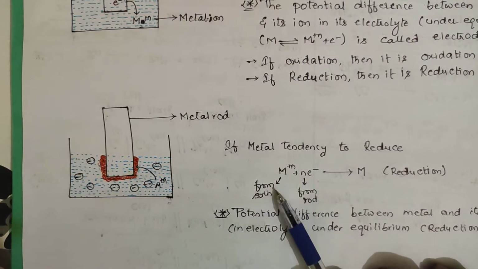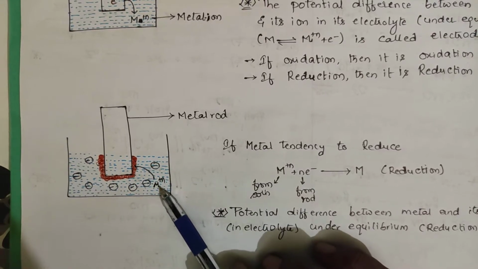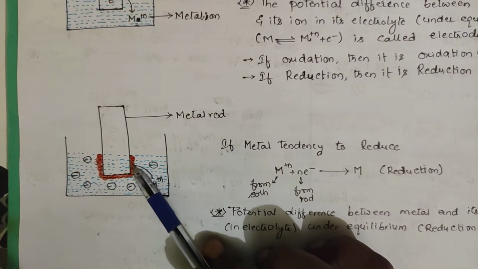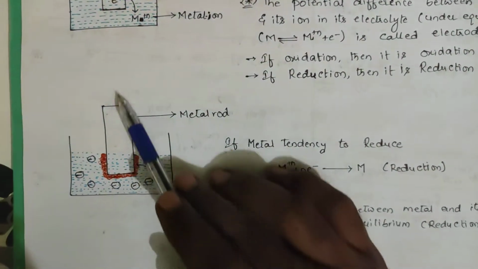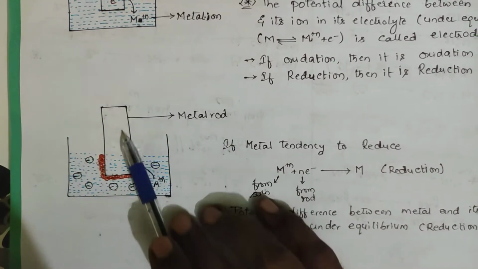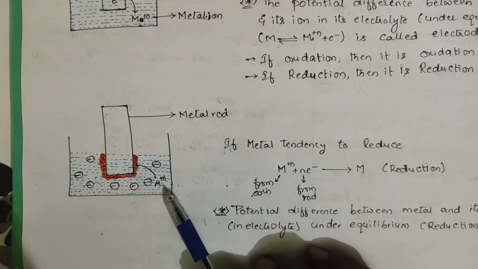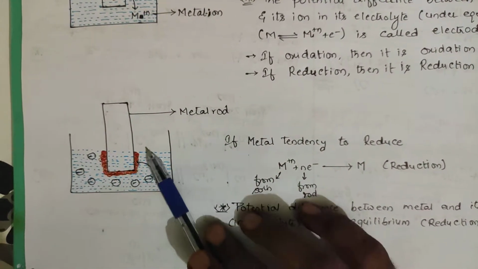Suppose copper sulfate is present. Copper gets deposited on this electrode. Why is it getting deposited? Because this copper rod is receiving electrons from the other side. The electrons deposited on this rod attract the copper plus 2 present in the solution, so it gets deposited here.